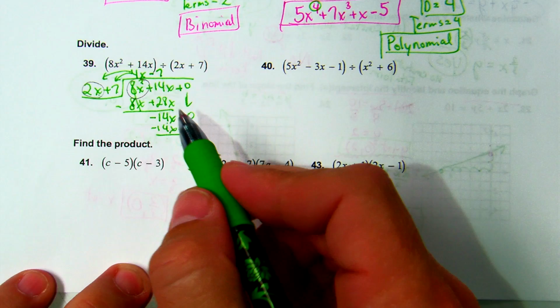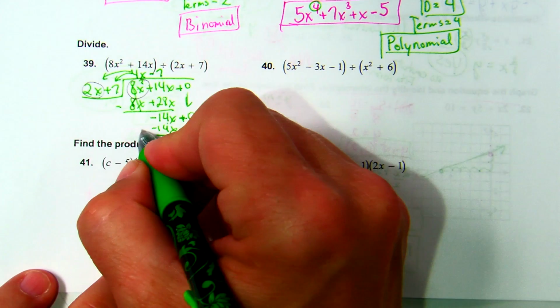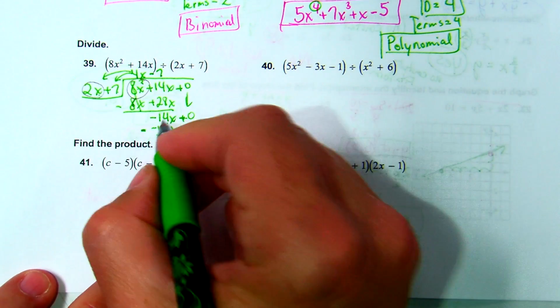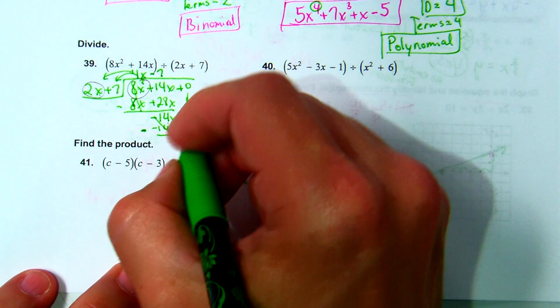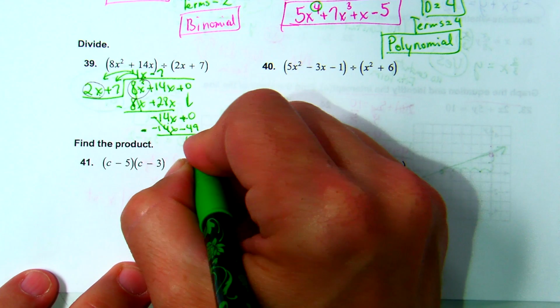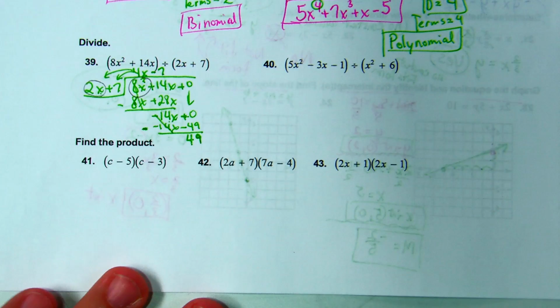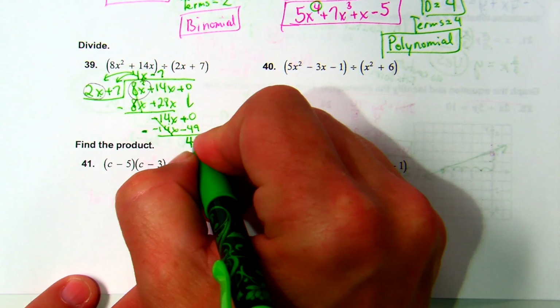Now, these two will go away, the negative 14s, because I'm subtracting. That negative 14 makes it positive, so these will go away. I'm subtracting a negative 49 from 0, so it's just a positive 49. That's all I can do, right? It's a positive 49. Now, this is going to be my remainder.